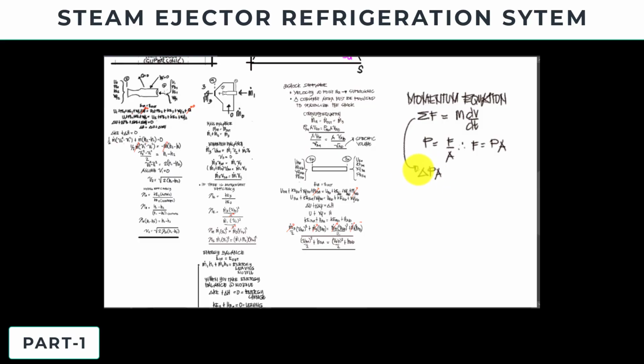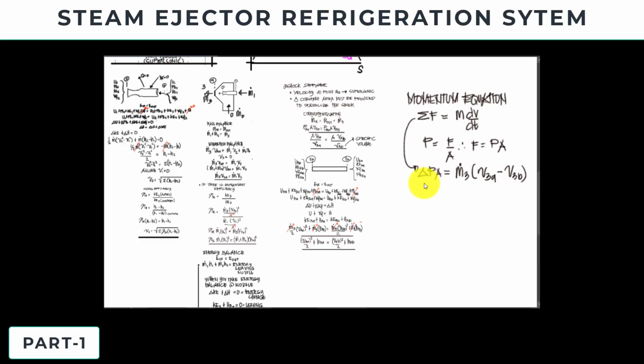The only thing that changes is the pressure entering at 3A and the pressure leaving at 3B. And this is equal to the mass flow rate momentum equation, that would be the mass flow rate 3 times the velocity 3A minus the velocity 3B.